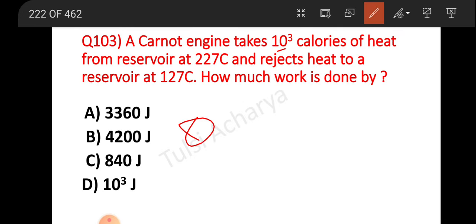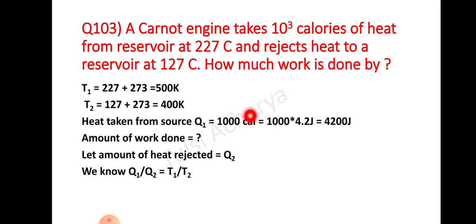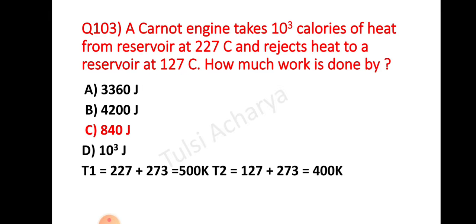First is Q1 and T1 is this, and we need to convert T1 into Kelvin, and we get 227 plus 273, 500 Kelvin, and T2 will be 400 Kelvin, and Q1 is in calorie, so calorie will be converted into joule, and we know that Q1 by Q2 is equal to T1 by T2. From this we get Q2, and Q1 minus Q2 is our answer, that is work done, Q1 minus Q2 will be 840 joule. 840 joule is in option choice C. So option choice C is the correct answer for question number 103.